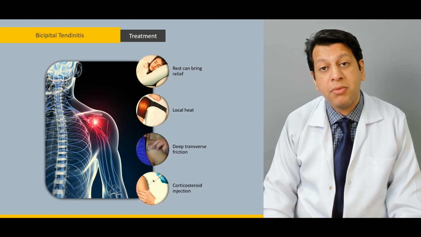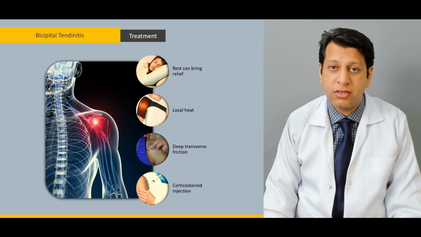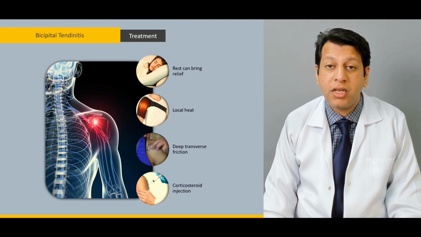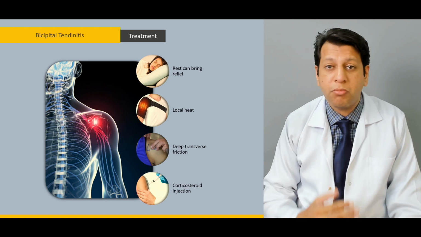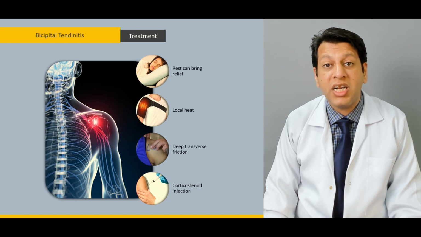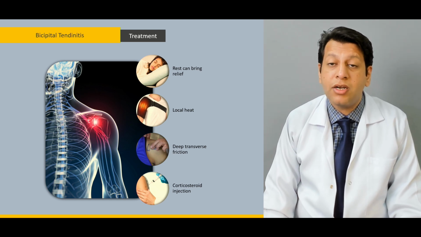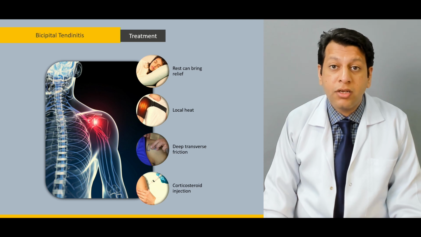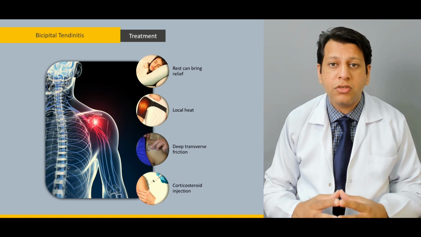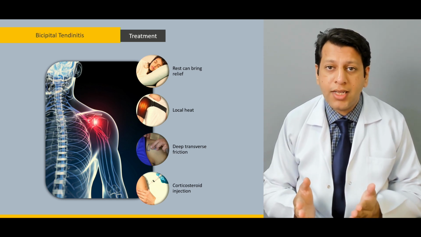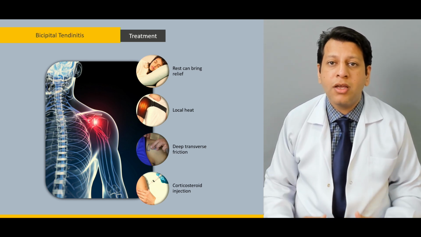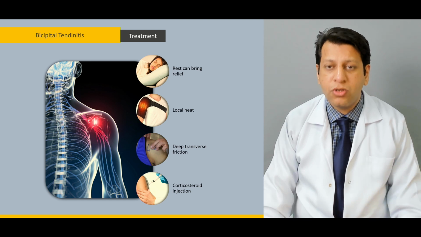Ideally it should be done ultrasound guided, because if it's done blindly, the doctor may inject the steroid into the tendon, which can cause tendinopathy or rupture of the tendon. So we have to infuse this injection around the tendon, which will decrease the local inflammation and pain as well, later followed by strengthening and physical therapy to the shoulder.